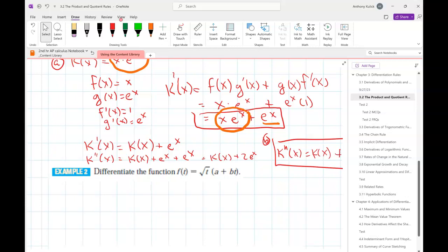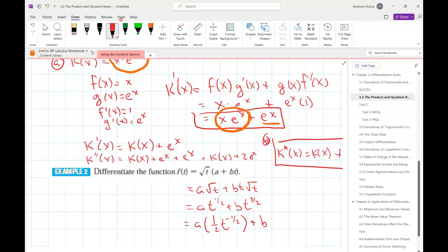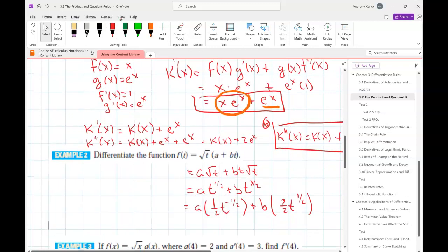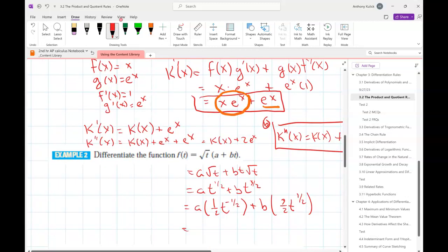I can do this just using the power rule, right? If I distribute the root t through, and then combine like terms, I can now just use the power rule, and I think that is easier than having to use the product rule, right?